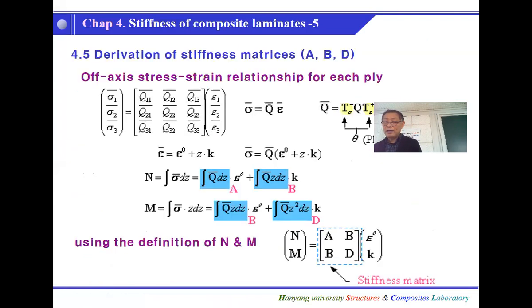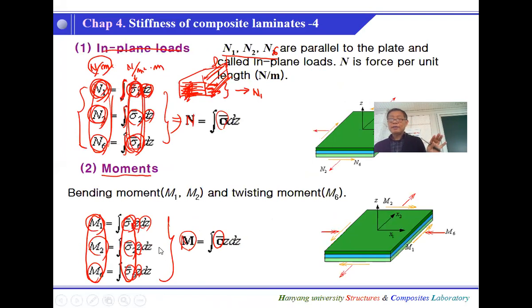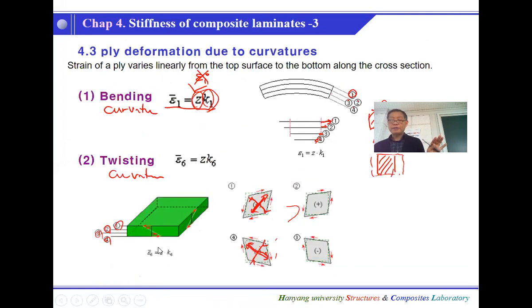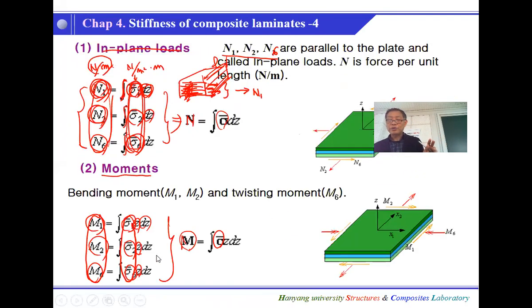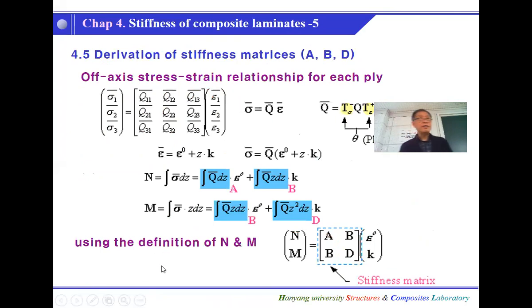Now, this one, the final step in derivation of ply stiffness. We are combining this definition and these definitions. Okay, we're combining them. How do we do that? Well, we already have this relation, off-axis stress-strain relation with stiffness. We already have this term in each ply in Excel, right?